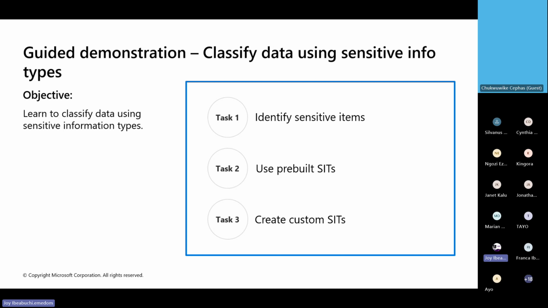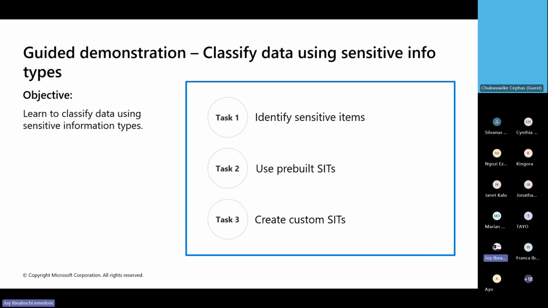We've understood how to create different classifiers, and that there are different ways to create them, and we can use document fingerprinting for cases where we have pre-used templates. At the end of the day, we can see how these sensitive information types go around, scan, and give us in-depth insight into where our documents are.